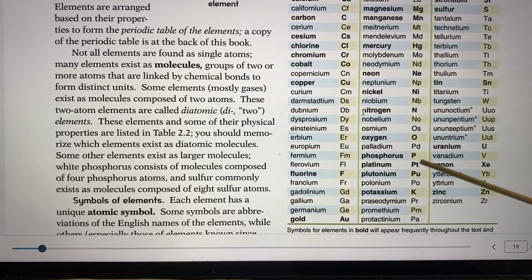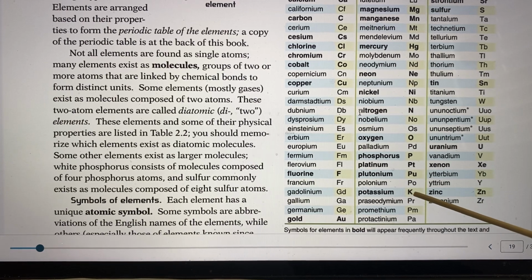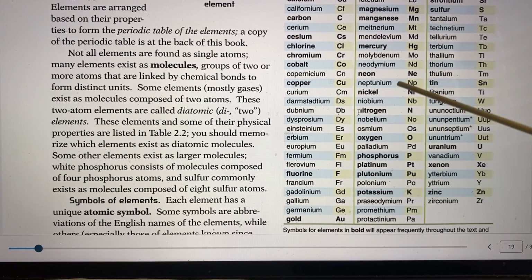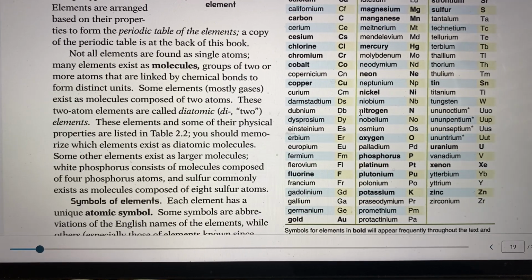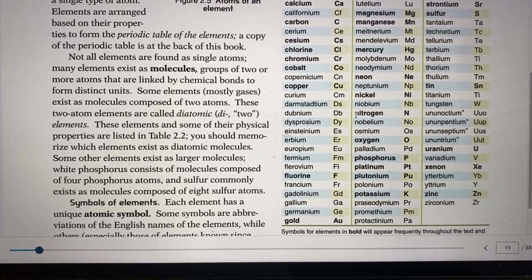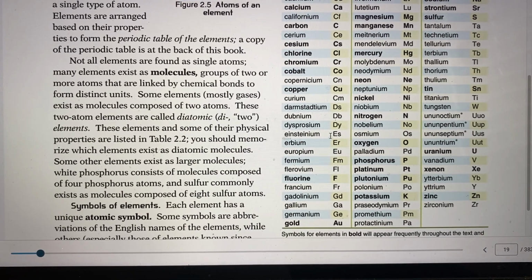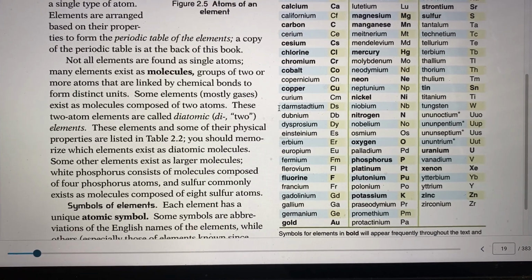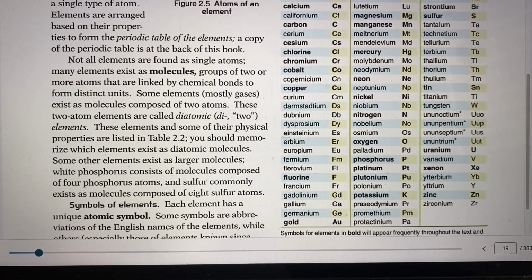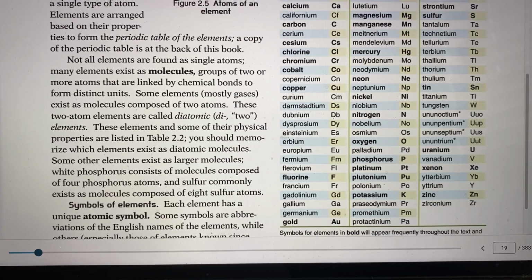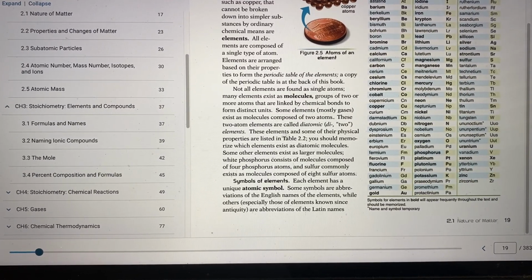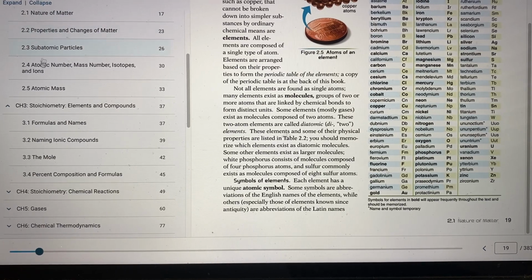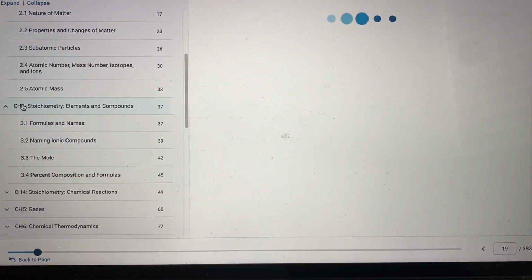Potassium, of course, we learned some of them don't look like their names: potassium is a K, and mercury is an Hg. So you need to know these, and at least go back to this table if you need to find them. Now let's go back to where we were. I wanted to put that there because on the questions, they're going to ask you, and you need to know these certain elements.